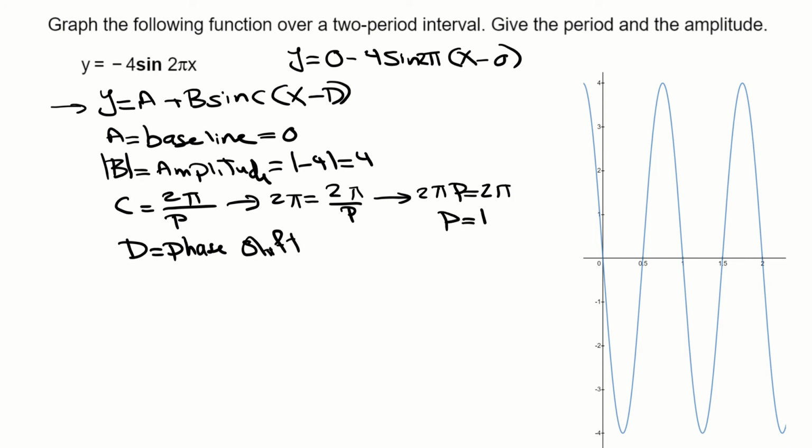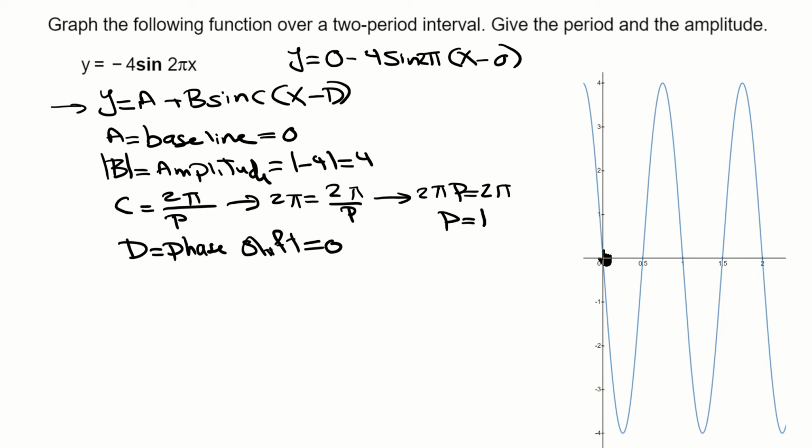Dividing both sides by 2 pi gives us a period of 1, which is rather non-typical because we're used to having pi's in the period, but when the constant here C has a pi in it, this is what happens. You end up with whole number periods. The phase shift D is clearly 0, so it's not shifted horizontally.